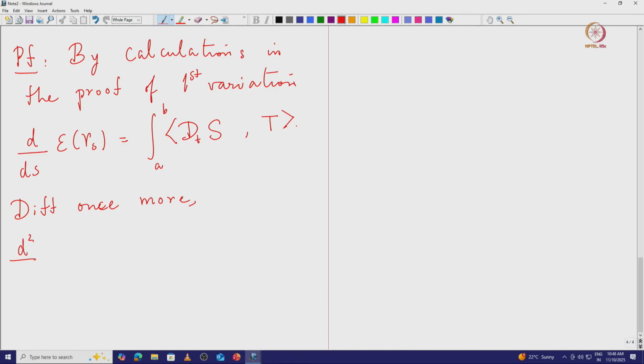So d squared by ds squared of the energy of gamma_s.